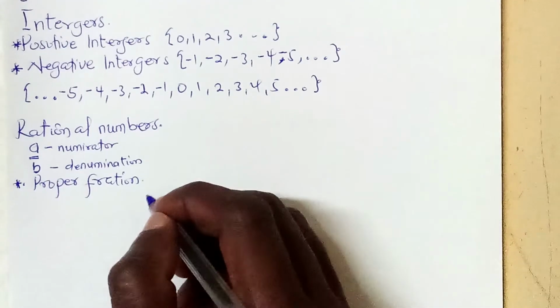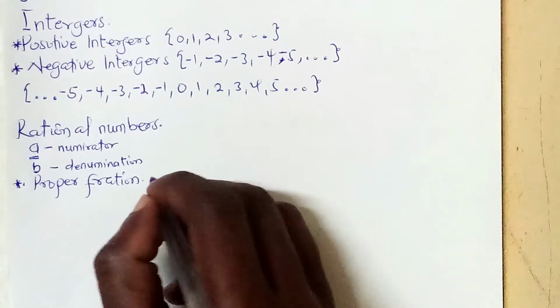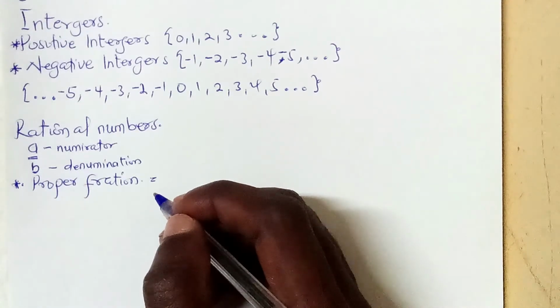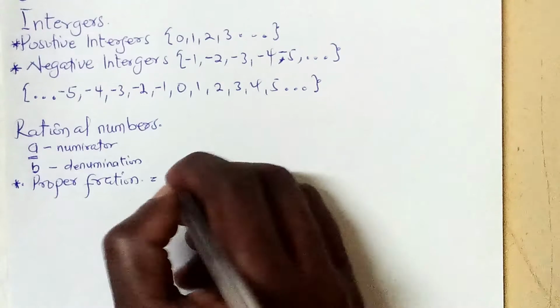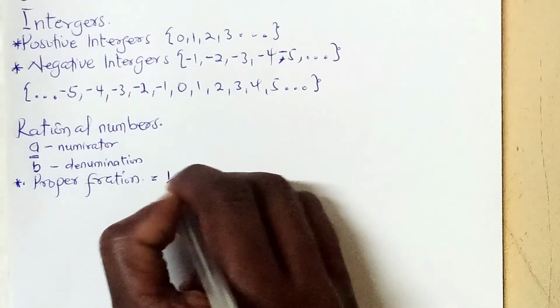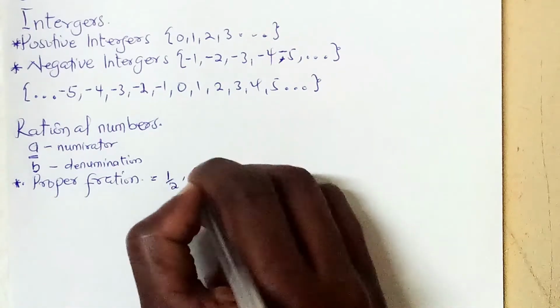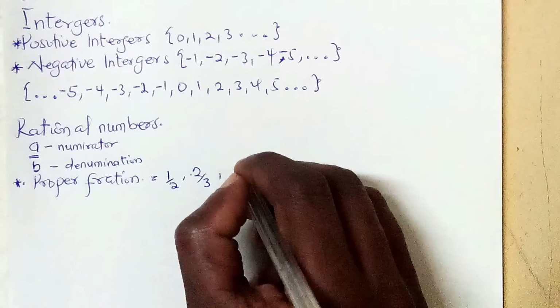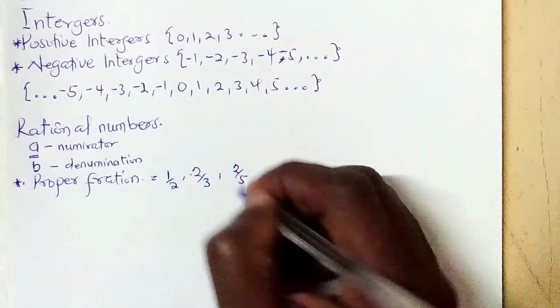So a proper fraction is a fraction of which the numerator is smaller than the denominator. We have 1 over 2, 2 over 3 as examples, and 2 over 5 as another example.